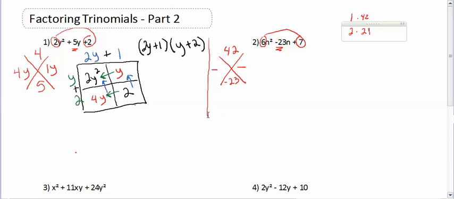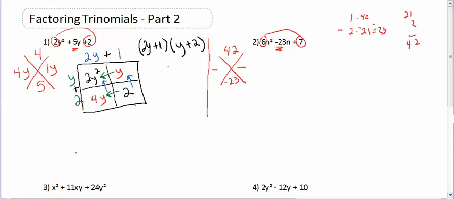Okay, so did I find it? If I multiply 21 times 2, that's 42, and if I make them both negative, it adds up to be negative 23. Oh, good. Okay, so I found it.